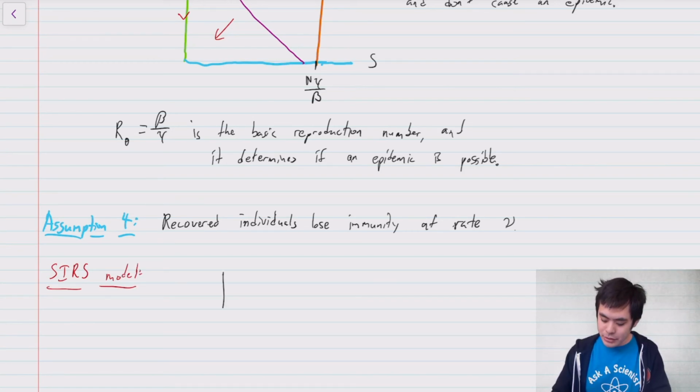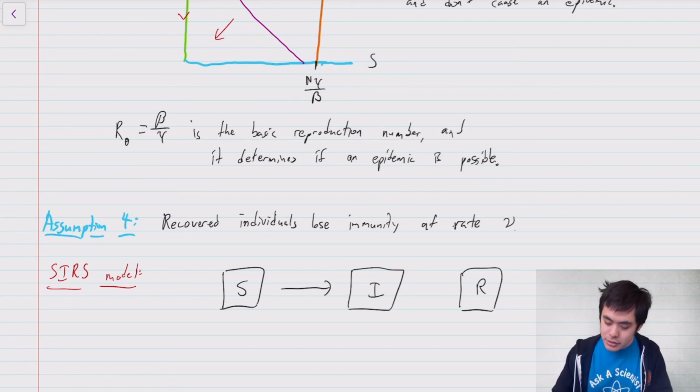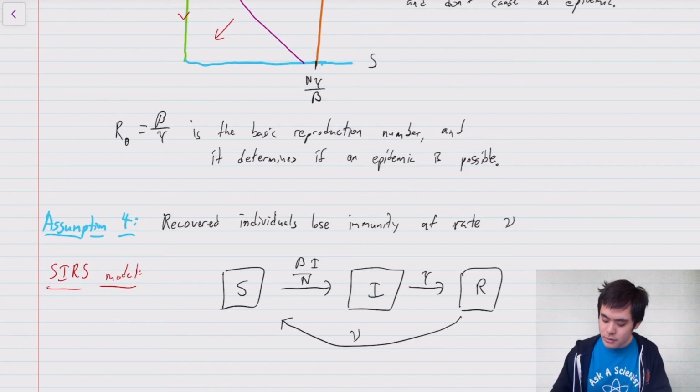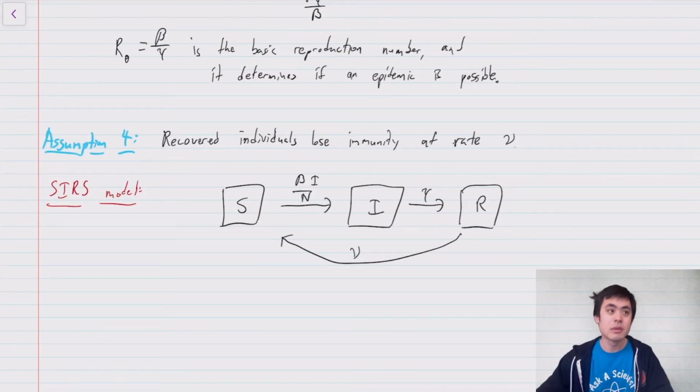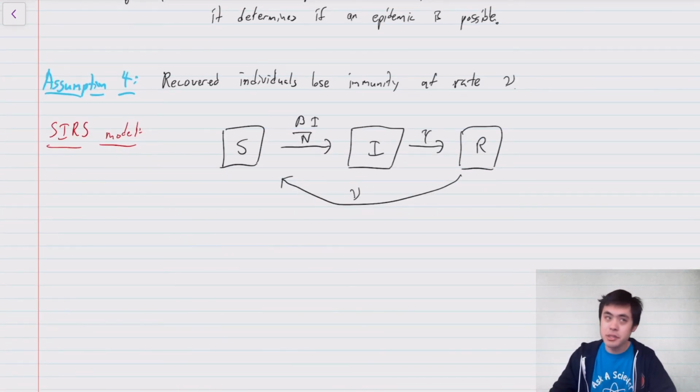And again, we have our standard 3 compartments, S, I, and R. And we have our usual rates. So this is beta I over N, this here is gamma, and this here is nu. And this has a different set of equilibria. And of course, you can still use a phase plane analysis, but let's go ahead and write out the equations.